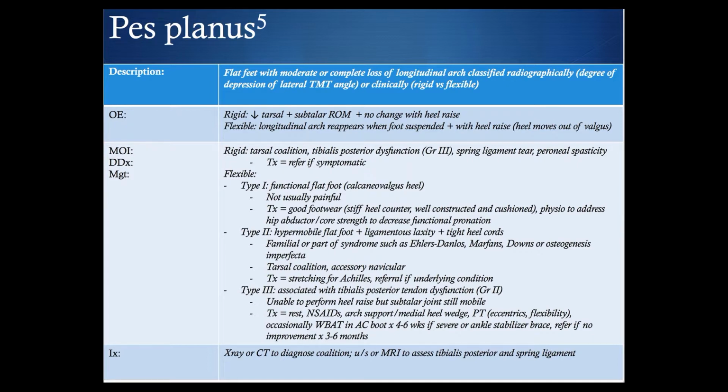X-ray can help with the diagnosis when it comes to coalition, whereas an ultrasound or MRI can help you with assessing tib post dysfunction, injury or tear, tenosynovitis, and spring ligament integrity.